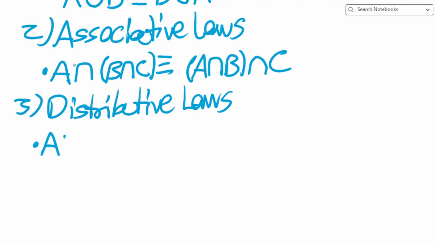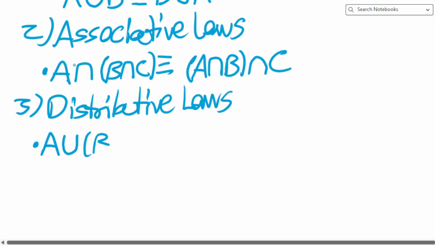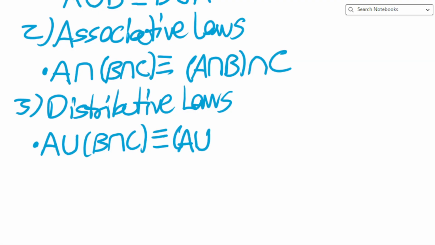So A union B intersection C is logically equivalent to A union B intersection A union C.